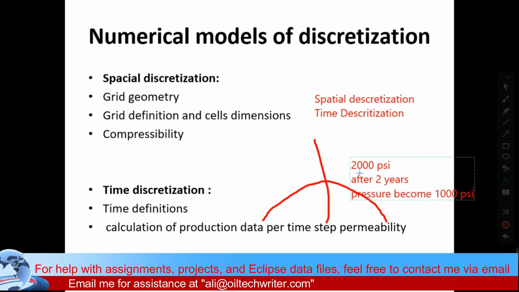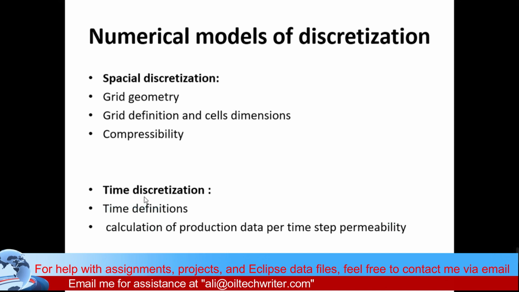So based on time, the situation is changing. We have to discretize based on time and check what is coming tomorrow, and after. We have to predict the future, and we have to look at the past also, do the history matching. So time discretization is important.